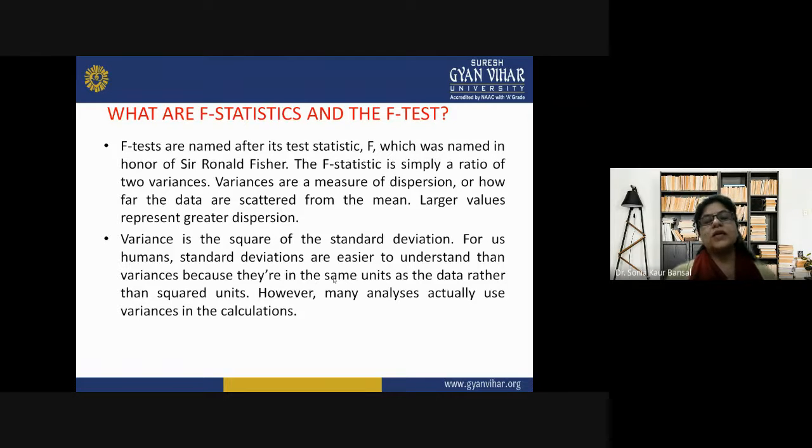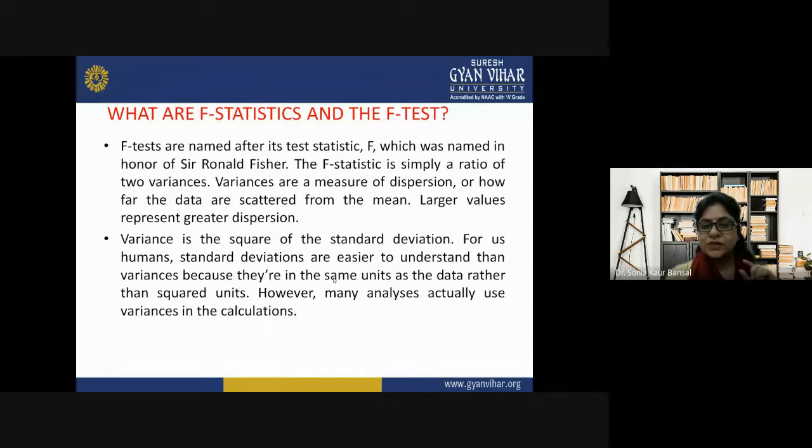Just understand, students, that the mean value is simply the average, or where the data is. But variance measures the dispersion of data, how it is scattered around the mean. So larger values represent greater dispersion. Variance is the square of the standard deviation.